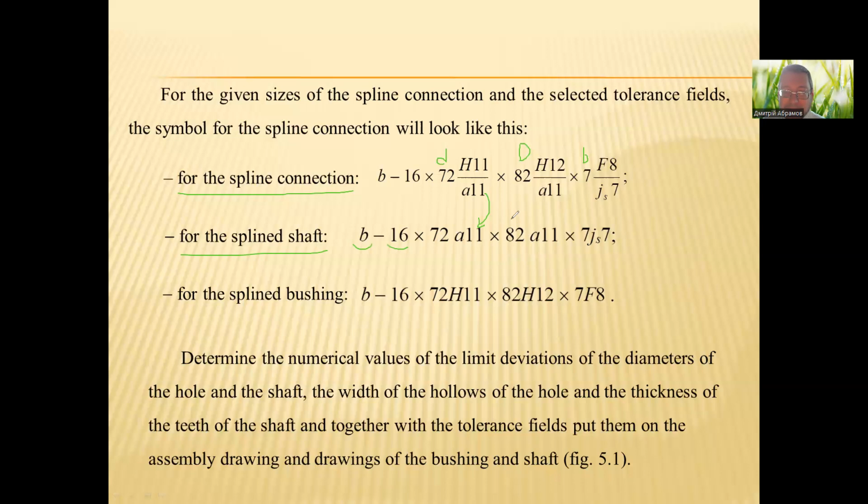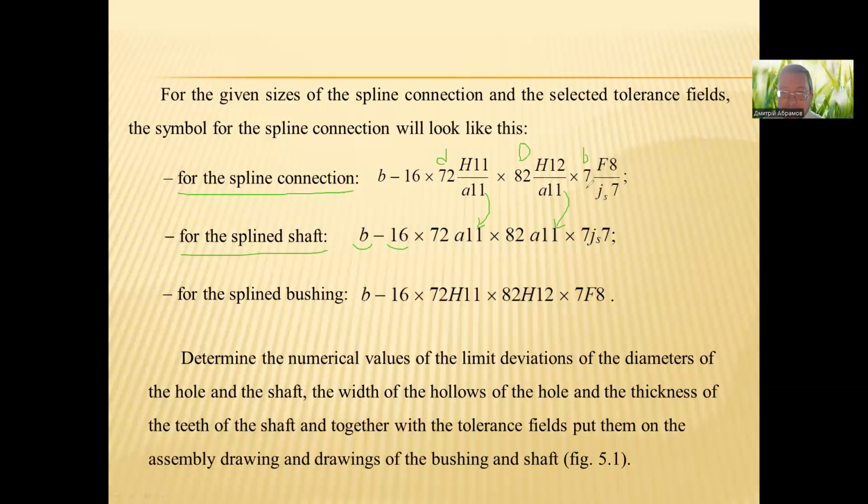Then outer diameter 82 millimeters, a11, again a11. So it's the tolerance field on the outer diameter of the shaft, and this diameter is equal to 82 millimeters.